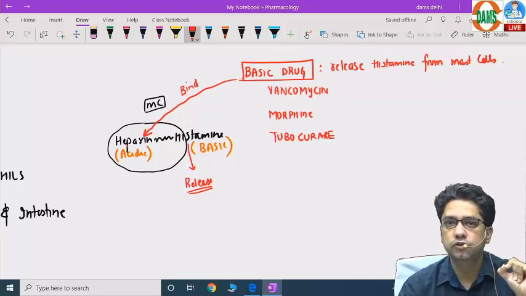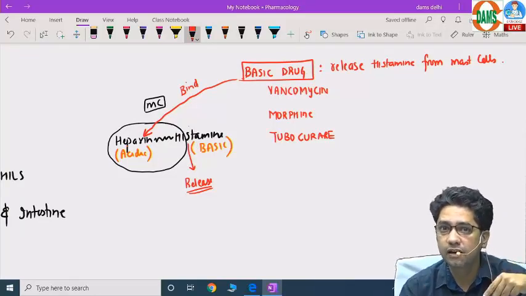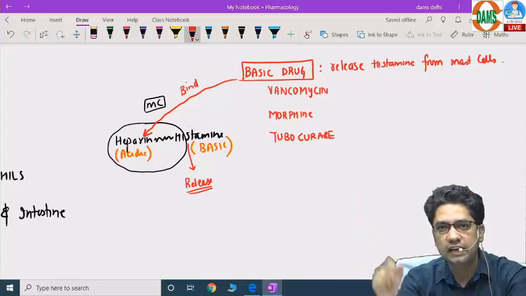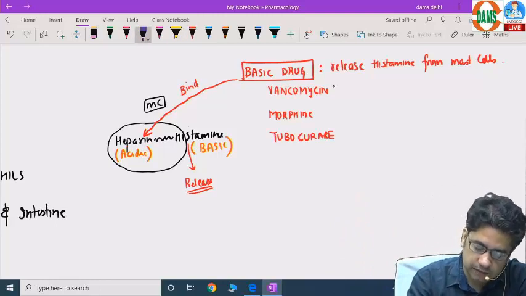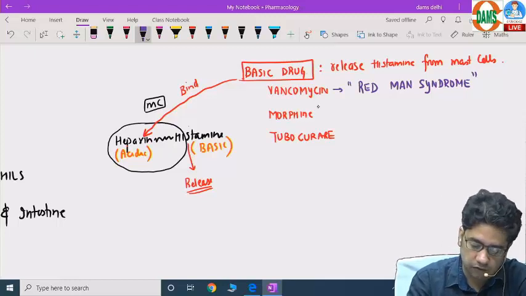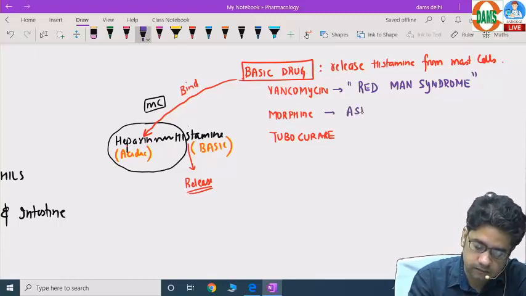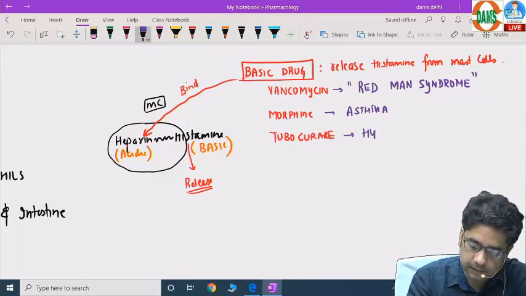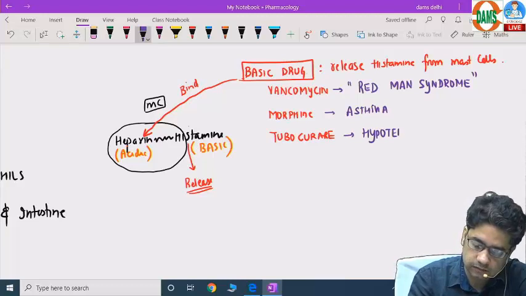And we know that histamine causes inflammation or allergy. During inflammation or allergy, there is vasodilatation. Because of histamine release, vancomycin causes severe vasodilatation. The skin will become red. Vancomycin causes red man syndrome. Morphine causes asthma. And tubocurarine may cause hypotension because of vasodilatation.